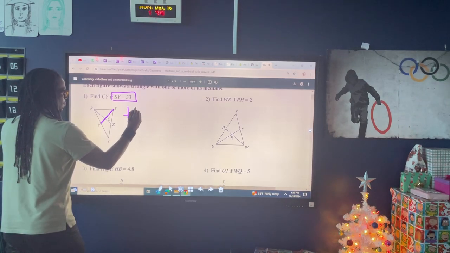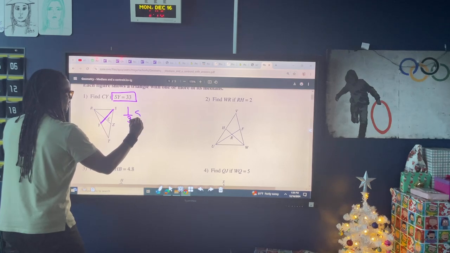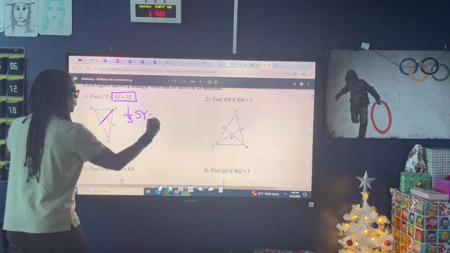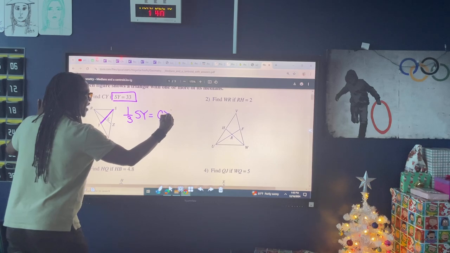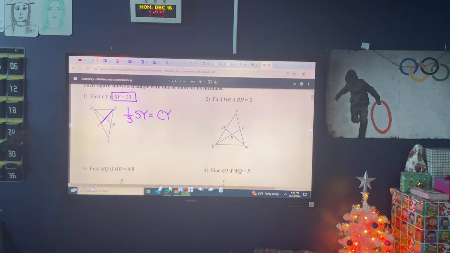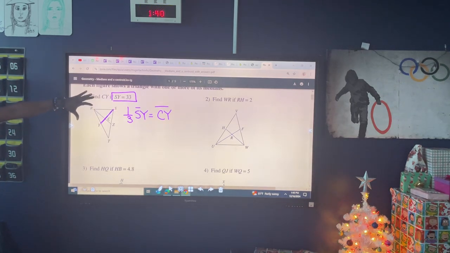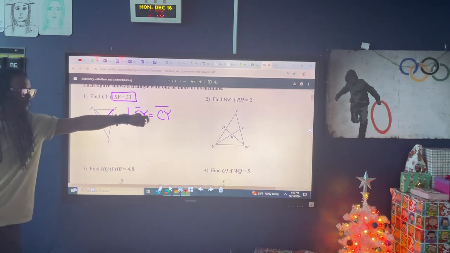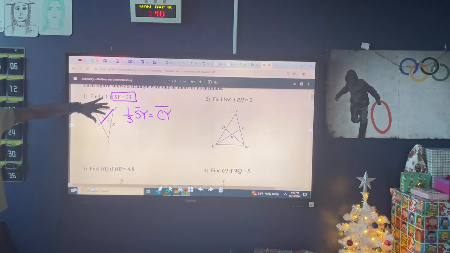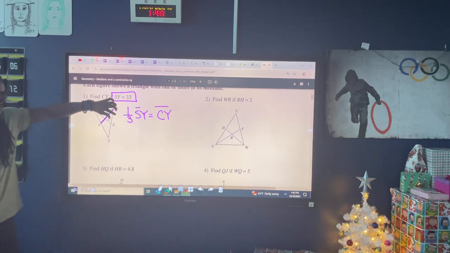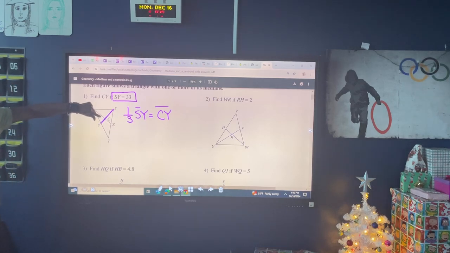If the entire length is 33, or the entire length is 3 out of 3, then 1/3 of SY is CY.